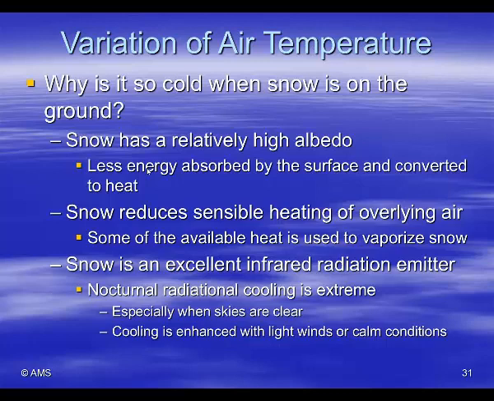So why is it so cold when snow is on the ground? Well, first, snow has a relatively high albedo, so it reflects a lot of the energy that comes in. So that means that there's less energy absorbed by the surface and converted to heat. The snow also reduces sensible heating of the overlying air, so some of the available heat is used to vaporize the snow, not heat the air.